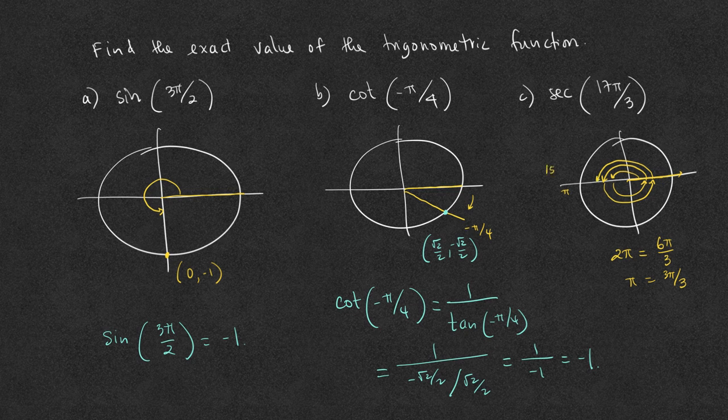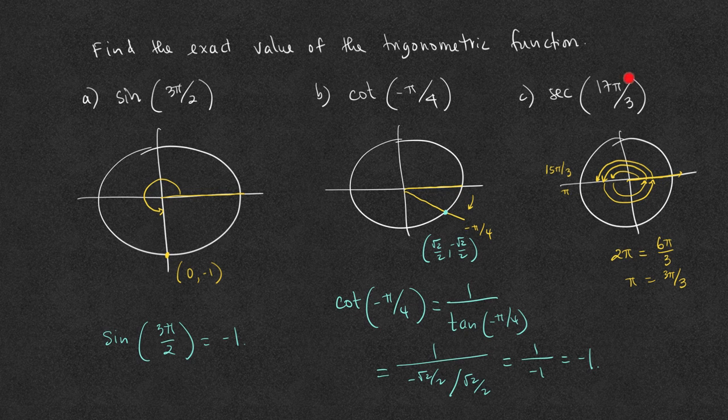So far, this is 15 pi over 3. We have traveled an angle of 5 pi. Not surprising here, because this is where 5 pi or odd pi is.